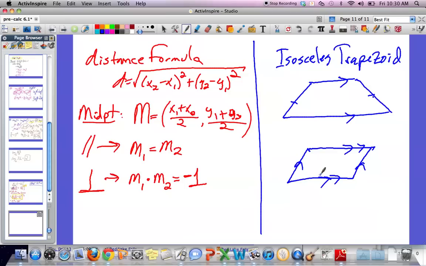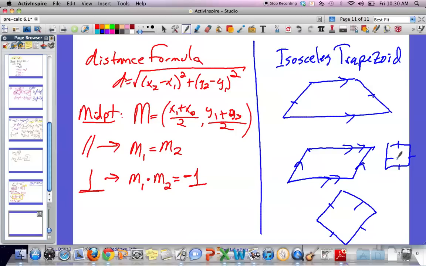It's a diamond. So what's the difference between a rhombus and a square? A rhombus has all four sides being the same. So does a square. But a square also has all of the angles meeting at 90 degrees. A rhombus, not necessarily.